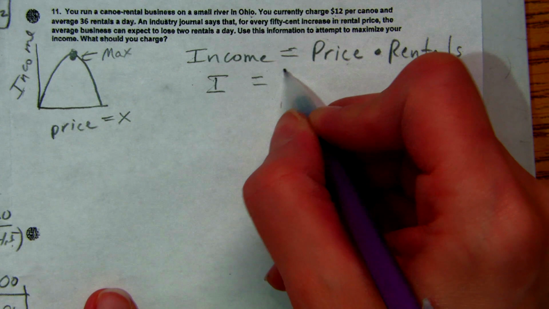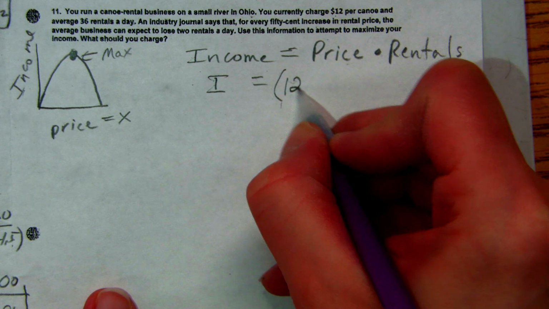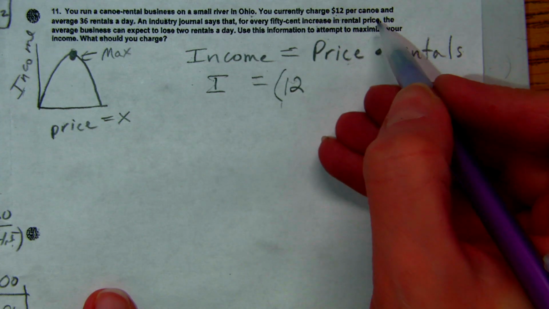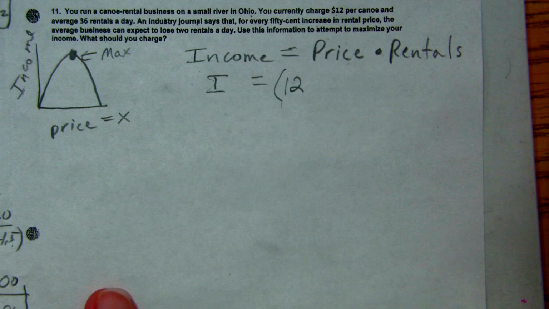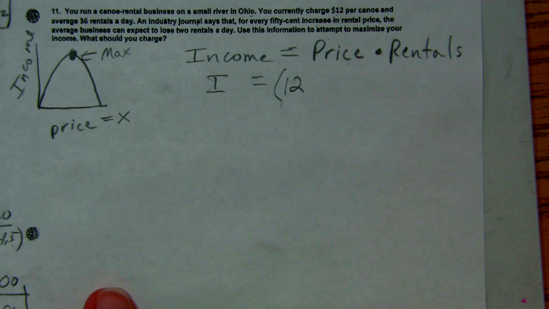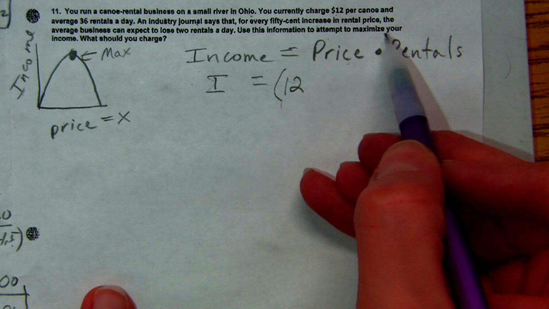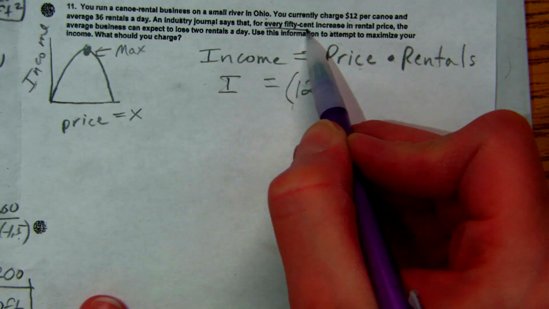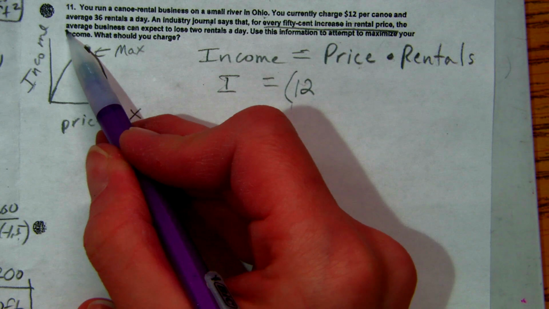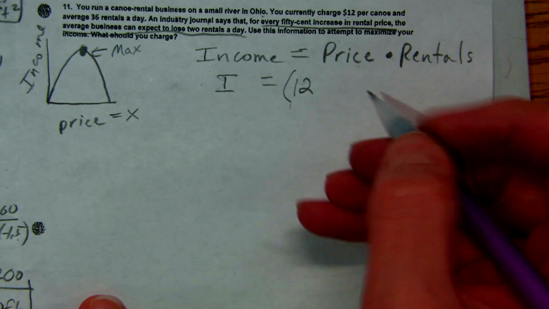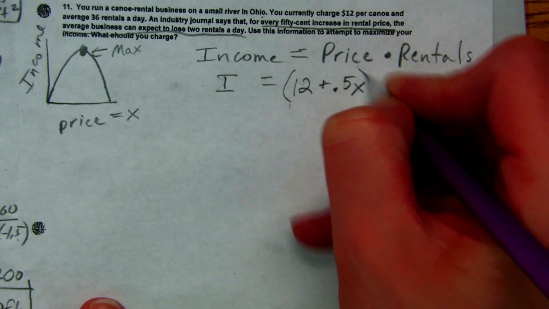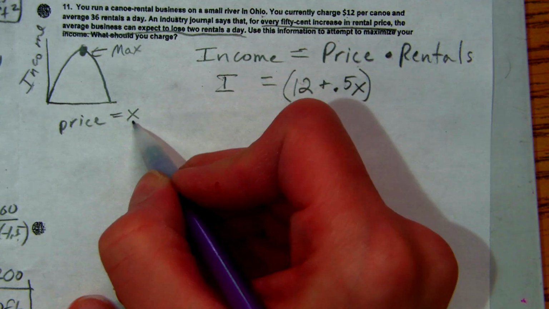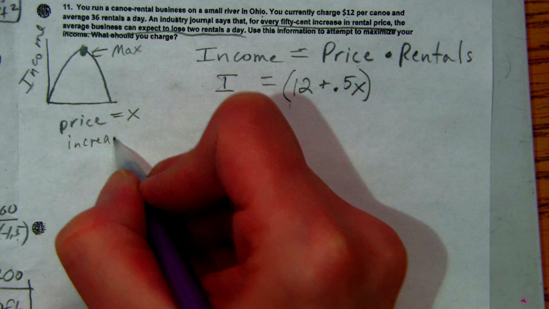Right now, my price is $12, and we know by reading an industry journal, probably a journal on renting sports equipment, skis, canoes, kayaks, that sort of thing, that for every 50-cent increase in rental price, the average business can expect to lose 2 rentals a day. So I'm going to take my price and pretend that I'm adding X number of 50-cent increases. So this is price increases, I guess is what I should call it.